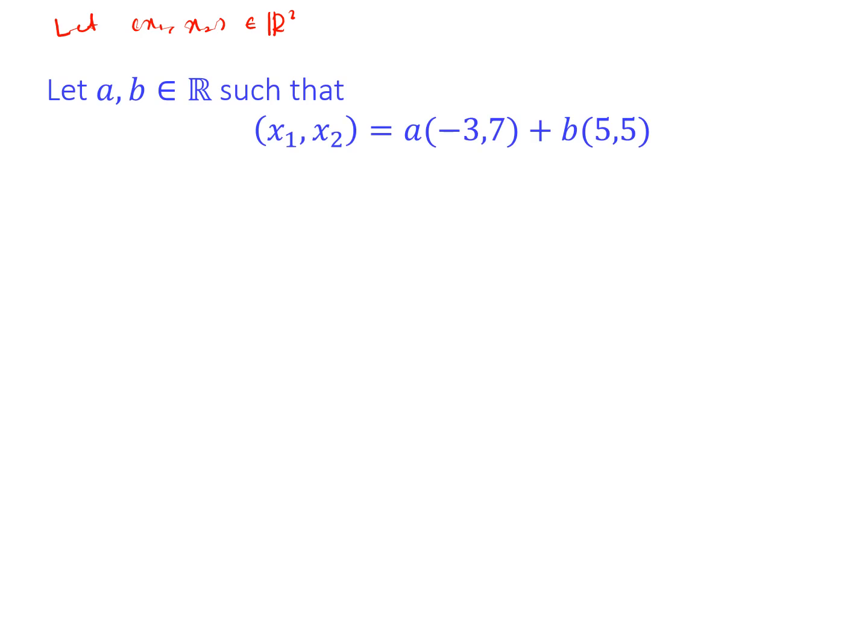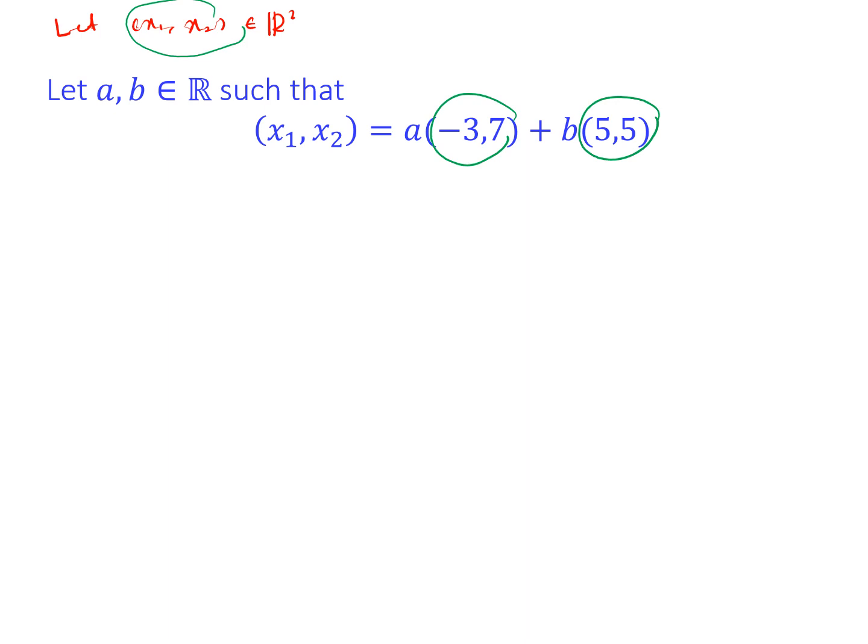So we start our proof by letting (x1, x2) be an element in R2, and then we write (x1, x2) as a linear combination of v1 and v2. Okay, so we assume that this vector is a linear combination of v1 and v2. Okay, so we have this equation. We have to find the values of a and b.